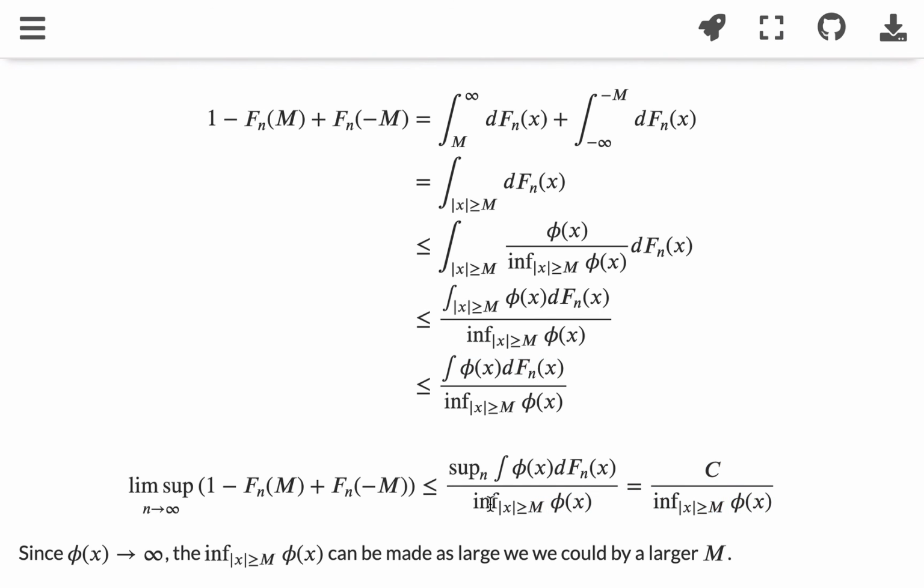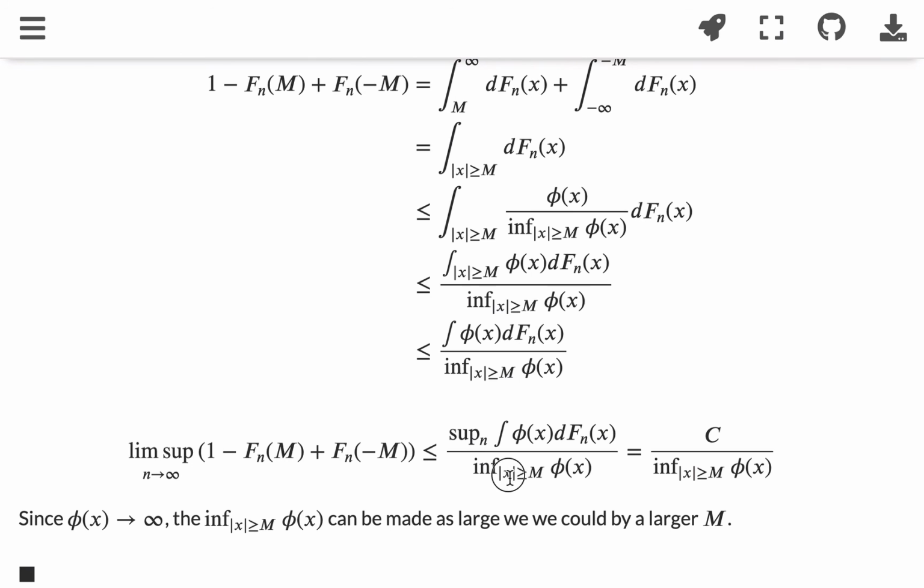And this constant is infimum of x greater than or equal to m on phi x, because phi x goes to infinity as absolute value of x goes to infinity. Then we can always make this number as small as we want by making the infimum here as large as we want, right?